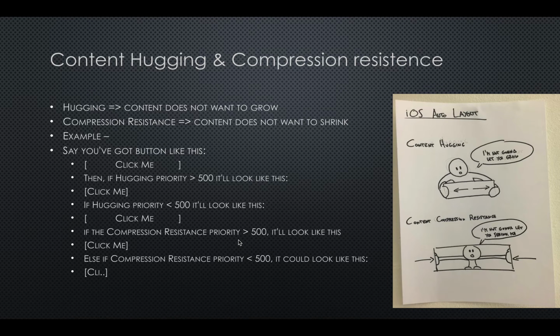Whereas with compression resistance, if it is high, it will not shrink, and if it is low, then it will shrink. High means it will not allow the "click me" to shrink and cut off, whereas if it is low, the "click me" will cut off.